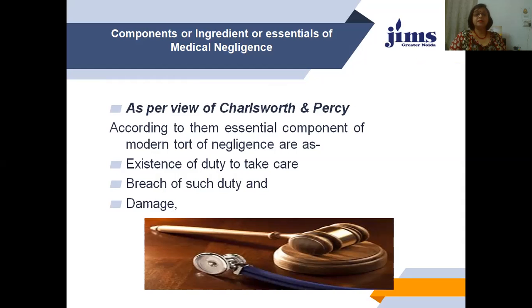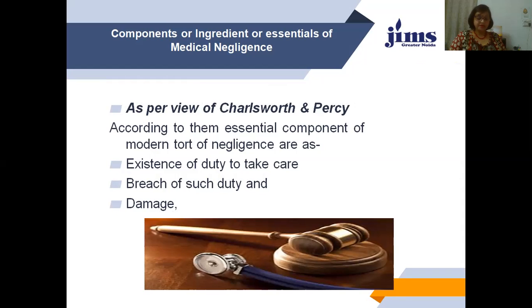Charlesworth and Percy say that negligence is a tort which involves a person's breach of the duty imposed upon him to take care, resulting in damage to the complainant. According to them, there are three essentials of medical negligence in the law of torts.